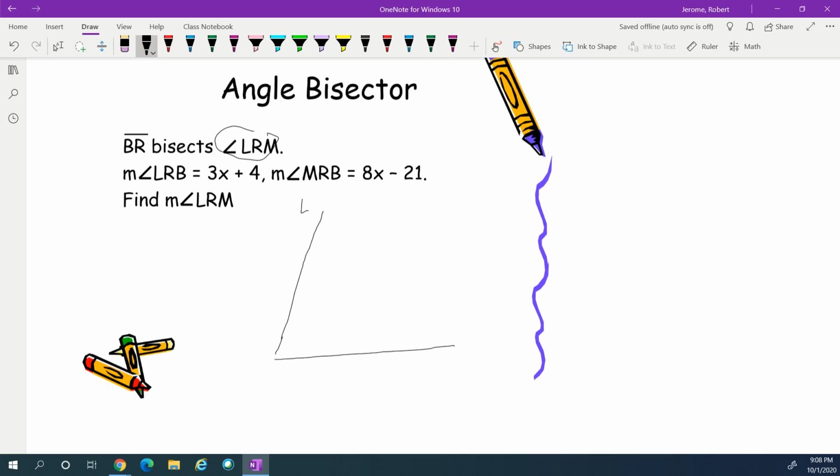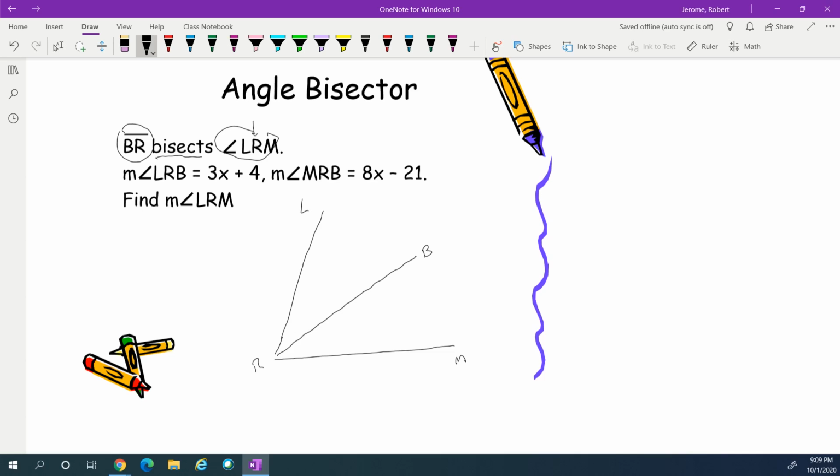L, remember the middle letter is always the vertex. R, M. Now, a segment called BR bisects it. Well, I already have R in the picture. I can't have two R's. So I guess B is out here.